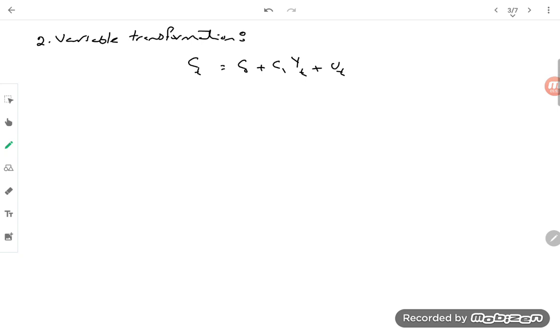But instead of using this form, you are going to use the change form. So this is the change or the first difference form.